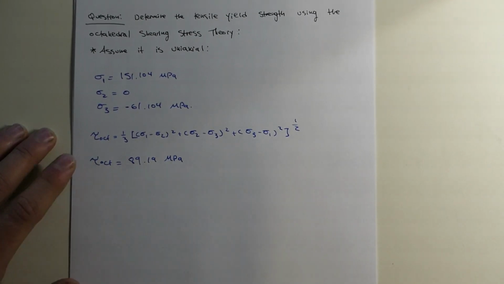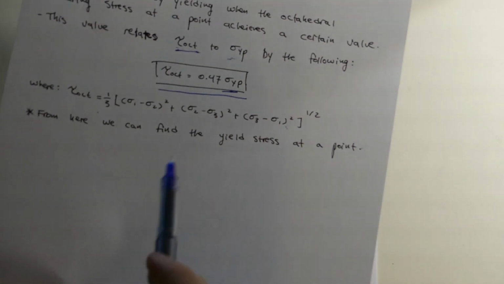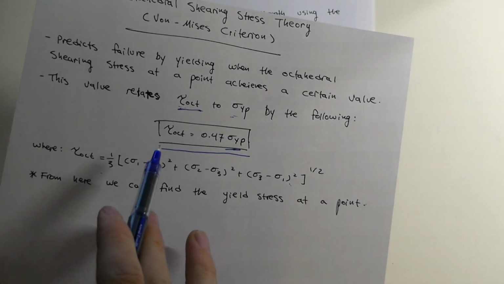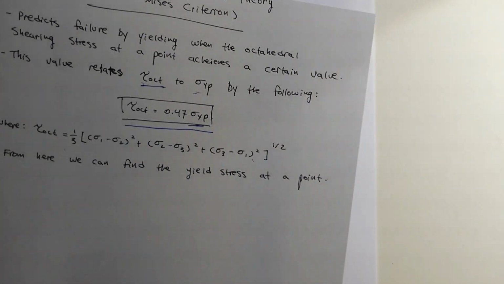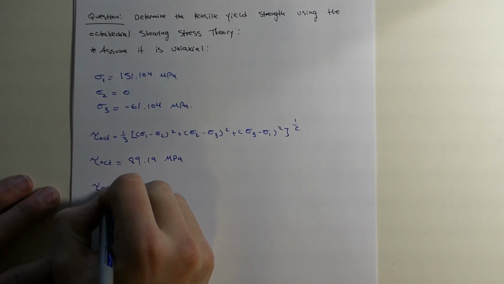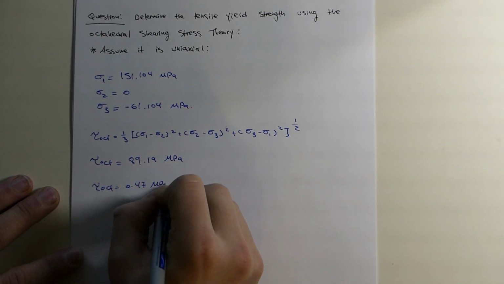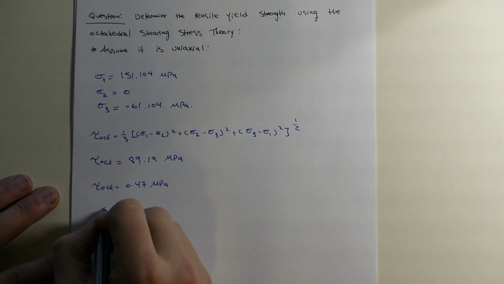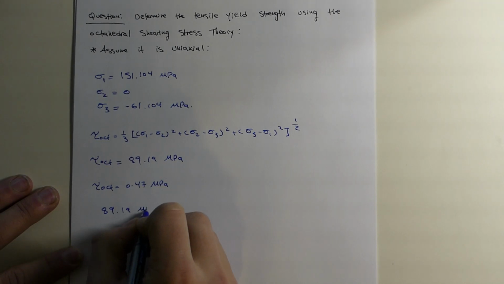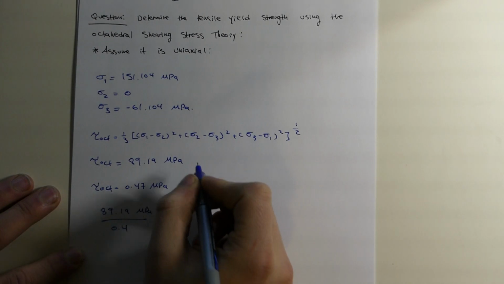And then we just plug that back into this equation here, because that's what this criterion is. It just relates the octahedral shearing stress to the yield stress. So we plug that into this right here, and then rearranging, we just get that octahedral shearing stress over 0.7.